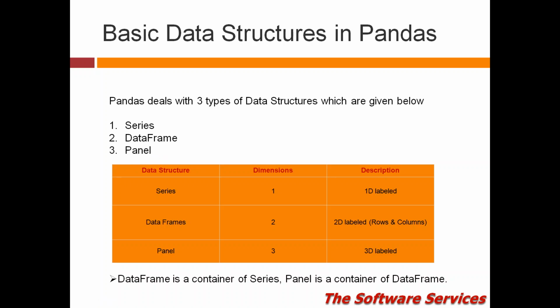Okay friends, one by one they can be visualized as a container of another data type. In the next class we will discuss some simple examples of each data type, friends.